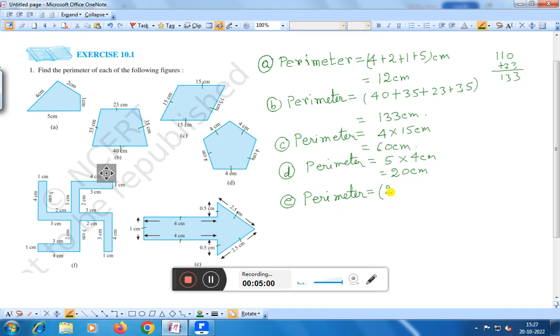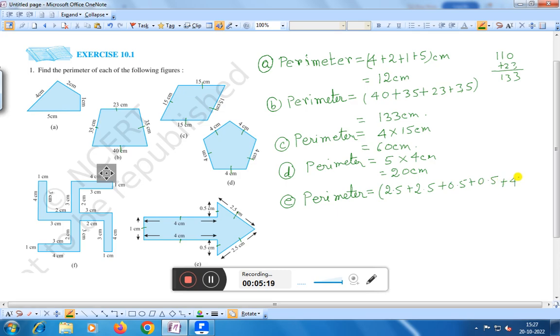The first one is 2.5 plus 2.5 plus 0.5 plus 0.5 plus 4 plus 4 plus 1.